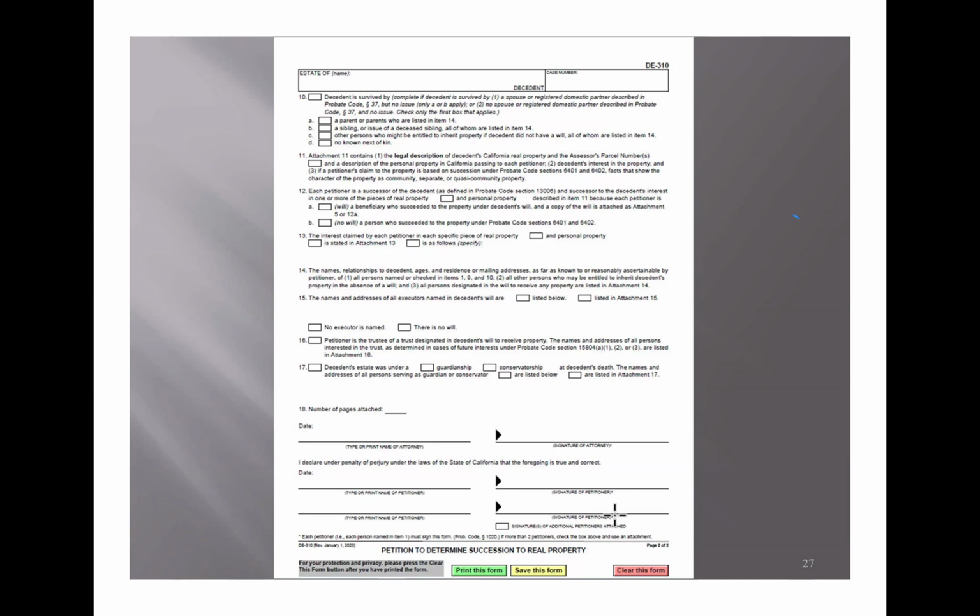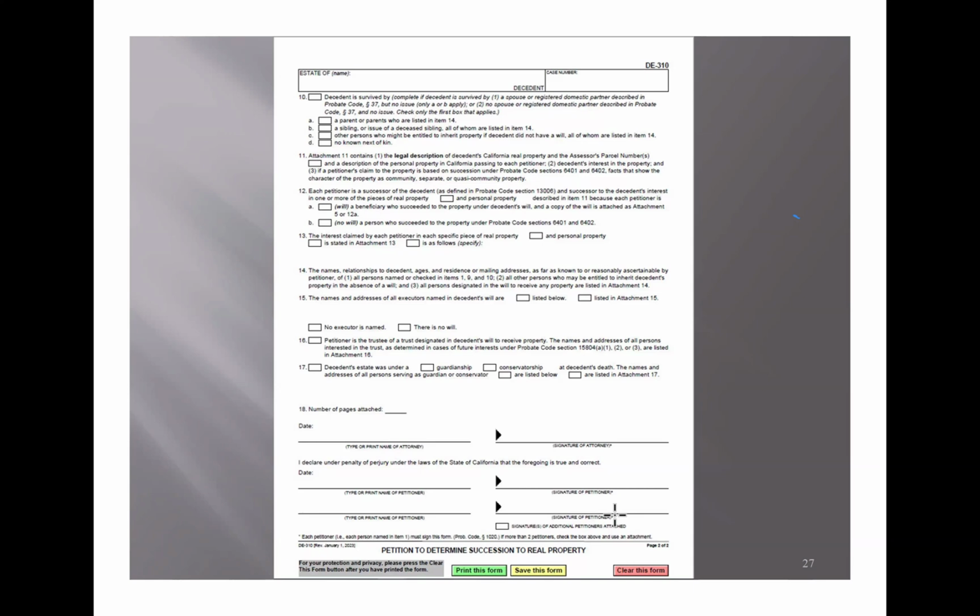Did the decedent have a living parent? If not, then you go on to the next box. Did they have a living sibling or issue of a sibling, meaning nieces or nephews? And if not, then you check the next box. Usually, you're going to stop before you get to the end, but you go as far as you have to. And then you're going to make an attachment 14 when we get down there that's going to include the names and addresses of all these people that you identified in 9 and 10.